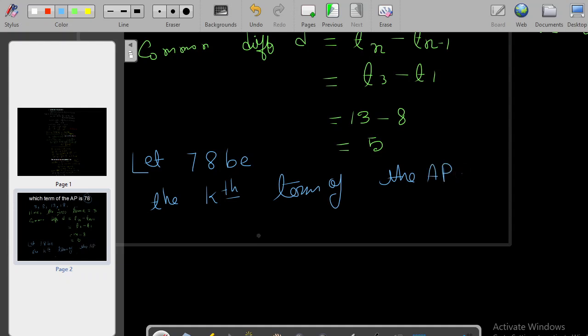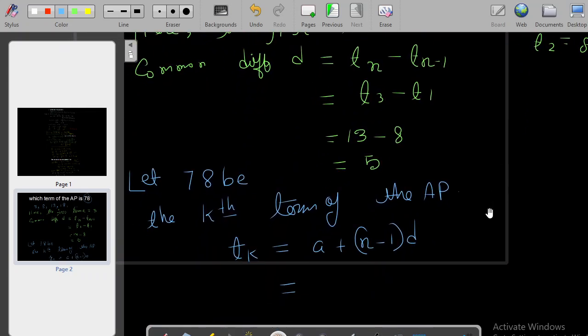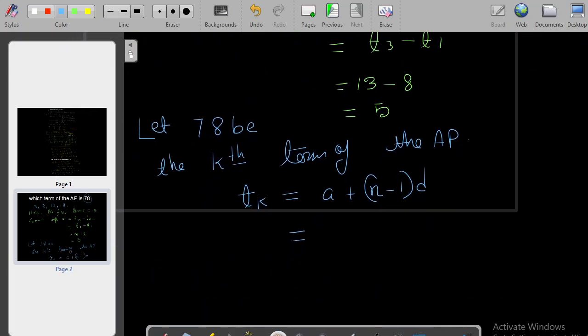Then the kth term of the AP is given by Tk equals A plus (n minus 1) into D. What is A? A is 3 and the common difference D is 5.